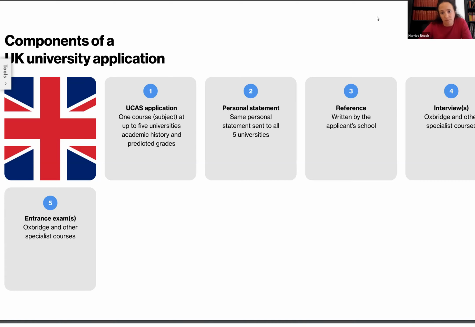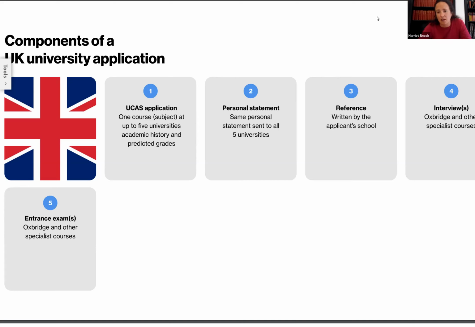So the more academically selective and competitive the university or universities you're applying to, the more that counts. So do think about your extracurricular and supercurricular activities. Yes, that's really important, but everything needs to very much focus in on that degree choice and what you've done to evidence your independent interest in that subject. So that's a really important element.